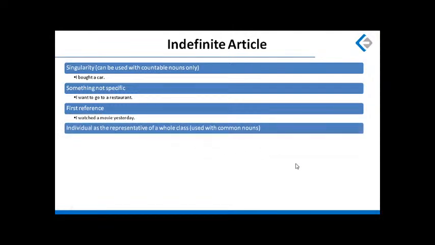When you use an individual noun as a representative of the whole, you use the indefinite article. Example, a bird can fly. A man has needs. I think you've heard it. You've heard this and you have laughed over it. A man has needs. A boy is, what does it say? A boy is only as smart as a boy.